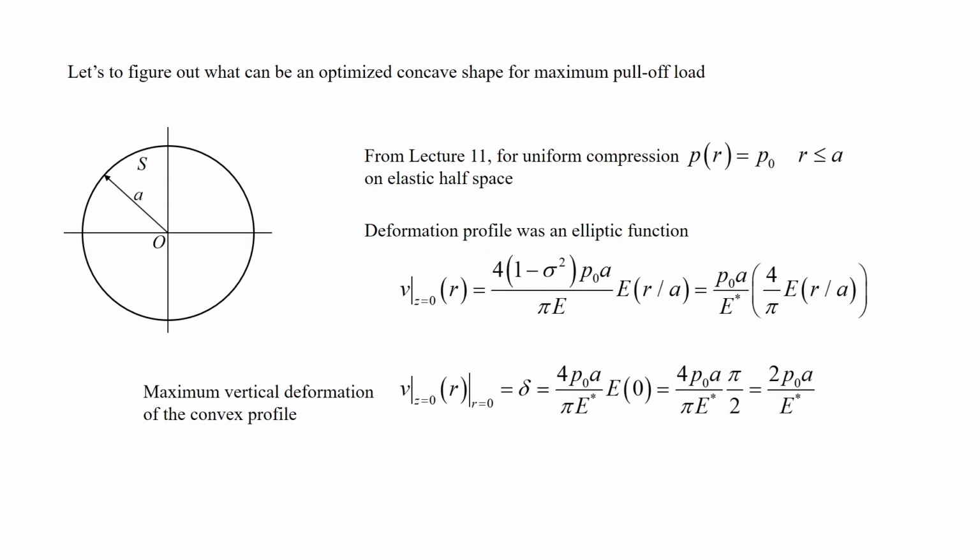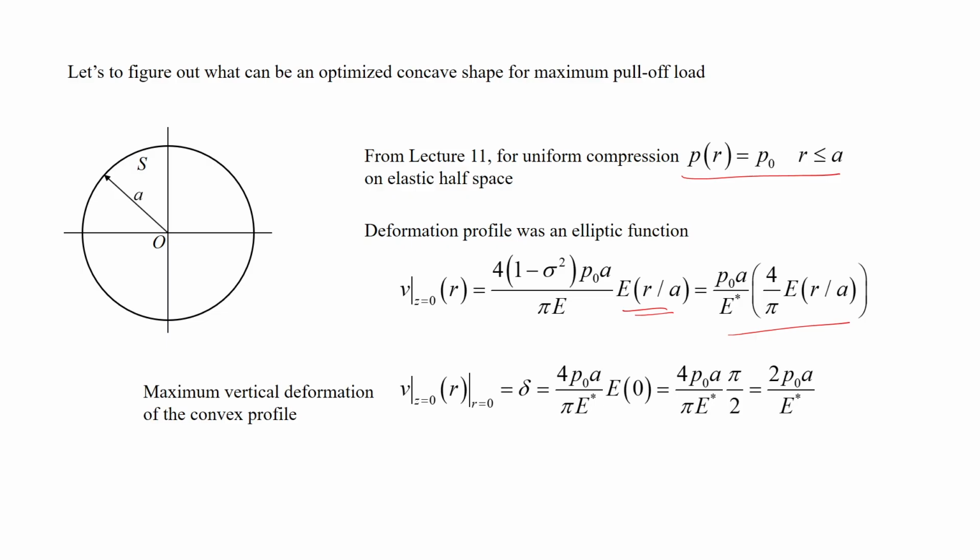If we remember, we had obtained the deformation profiles for this particular case in terms of this elliptic integral of the second kind and E star, 4 by pi E star into P0 into a, and then we had the maximum vertical deformation or the convex profile. So, remember that here if we replace P0 by minus sigma, then it will become the pull-off case.